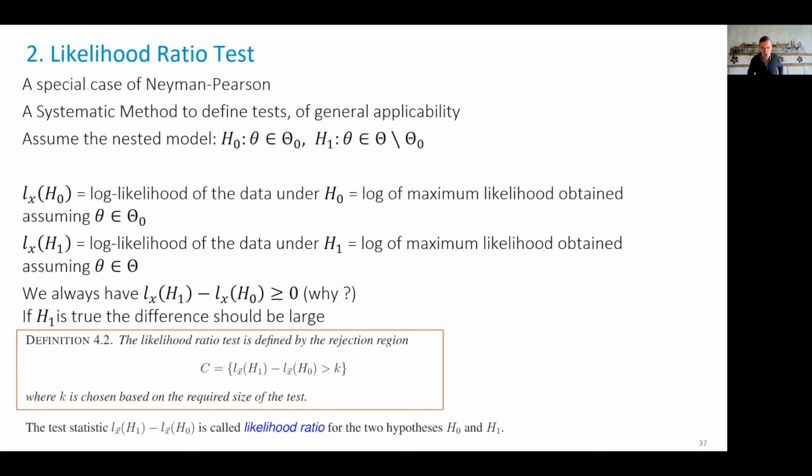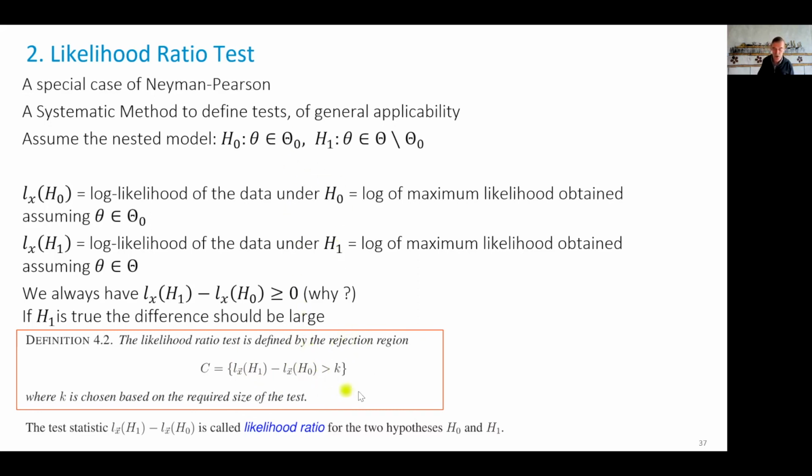So a likelihood ratio test is a test that says, I compute those two likelihoods, and I set a threshold. My rejection region is if the difference is large enough, then I reject H0. If I optimize assuming H0 is true, I obtain something that's very different from if I don't assume H0 is true, so probably H0 is not true, because the maximum likelihood estimate does not give a value that is in theta 0.